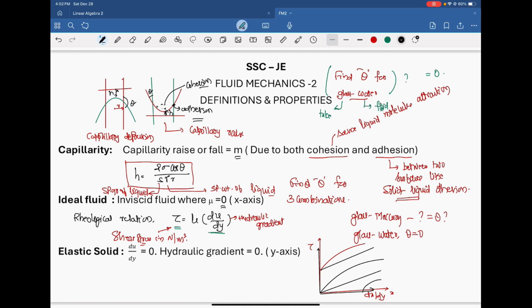This is for mu is equal to 0, implying tau is equal to 0. This is for ideal fluid. For an ideal fluid, the viscosity is 0. It is an inviscid fluid. Inviscid means viscosity absent.